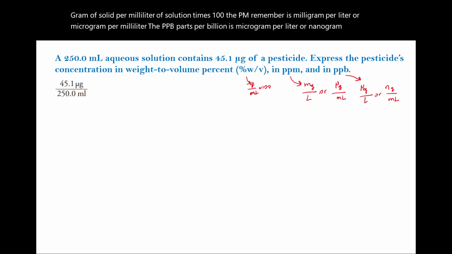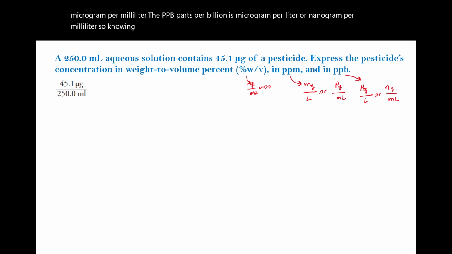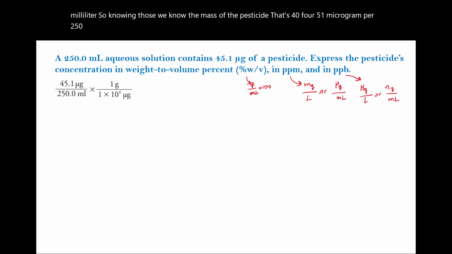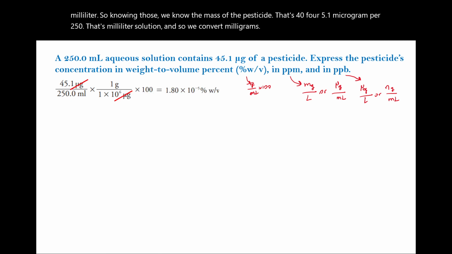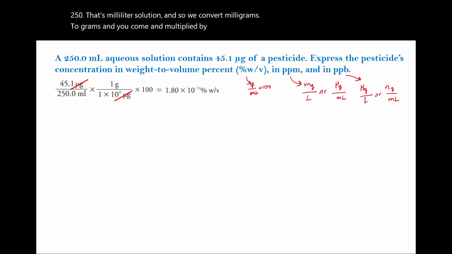So knowing those, we know the mass of the pesticide, that's 45.1 micrograms per 250 milliliters of solution. And so we convert micrograms to grams, and multiply by 100 to find the percentage.